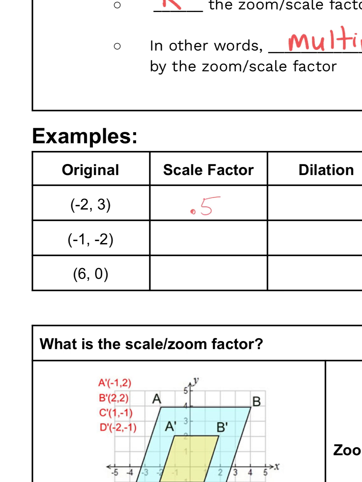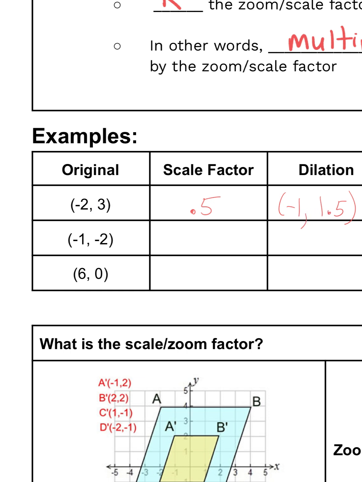All right, so I simply take -2 times 0.5, which will give me -1. And then I simply take 3 times 0.5, which will give me 1.5.